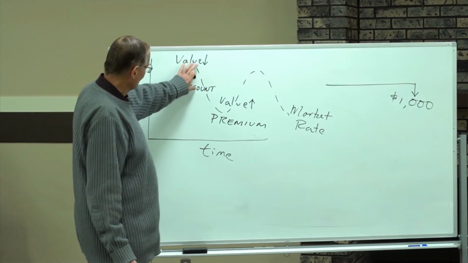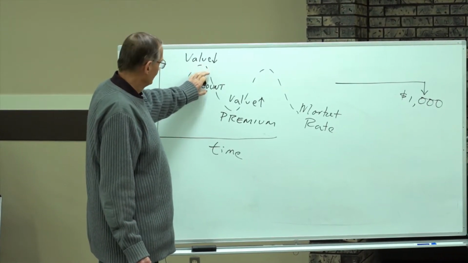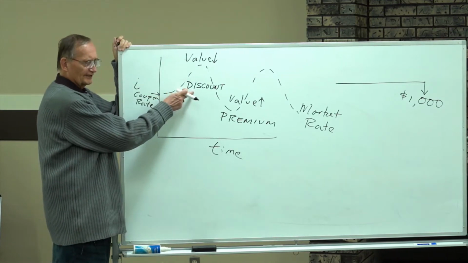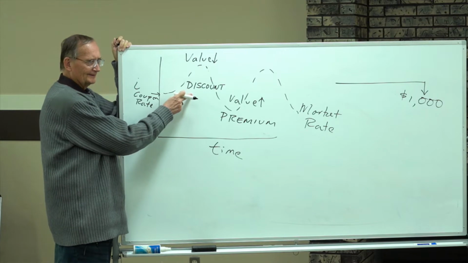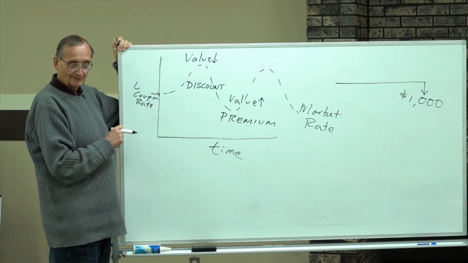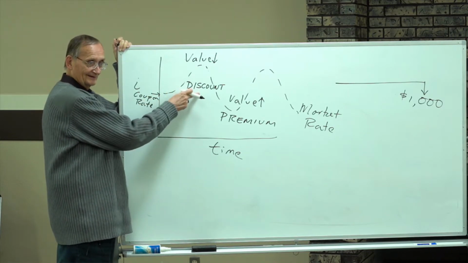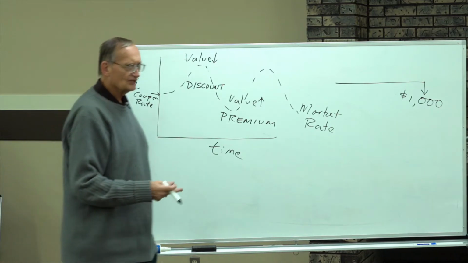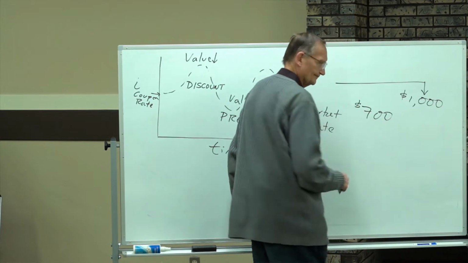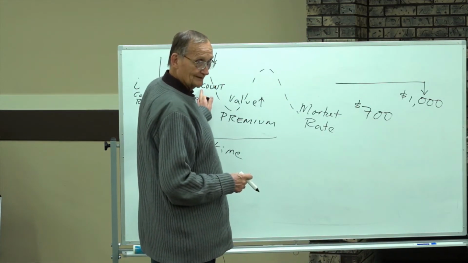Then you got into a period here, okay, and what would happen to you if you bought during this period? This period you'd pay a big price, wouldn't you? Is that right? This period you'd have a discount. So let's say you only paid $700 for the bond during this period. That's when you invested.